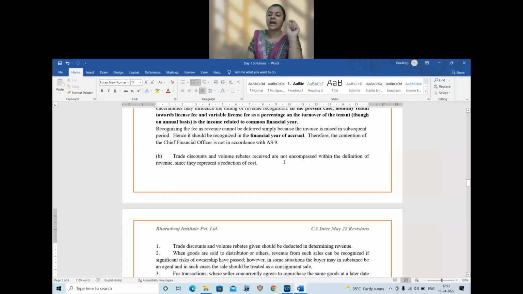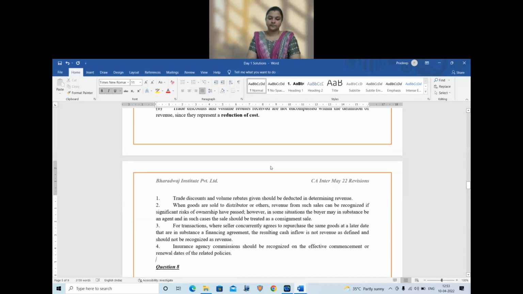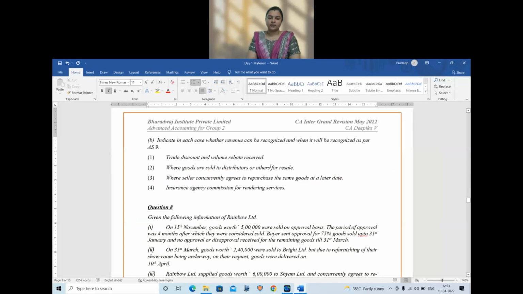Trade discount and volume rebates are not encompassed within the definition of revenue because they are already included in the cost. They represent a reduction of the cost. Right? Next.